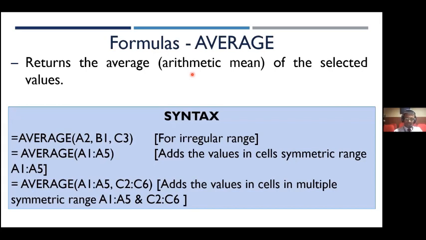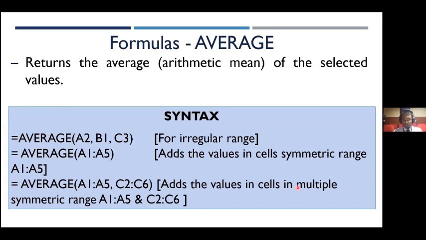Luckily, in Excel we have an inbuilt functionality, and since most of us are now comfortable with how to apply it for an irregular range, a symmetrical range, and a symmetrical multiple range, I will go through this a little faster than I did for summation.